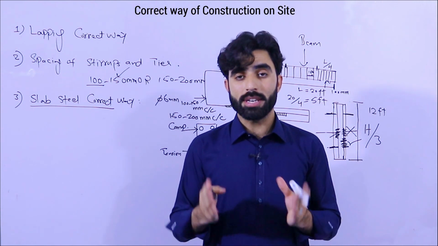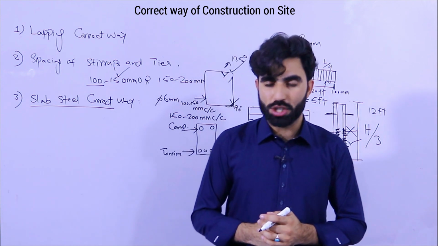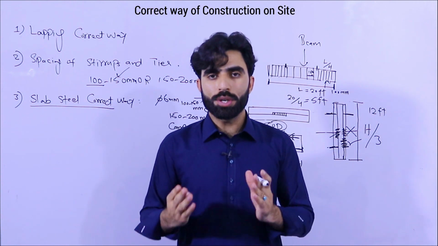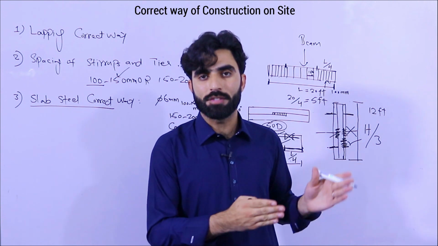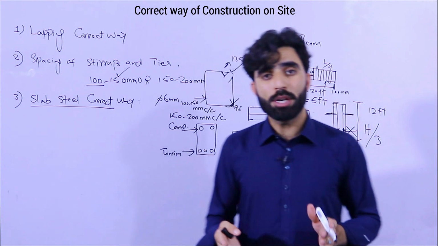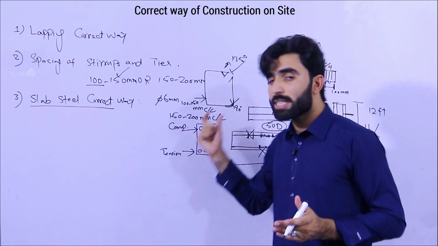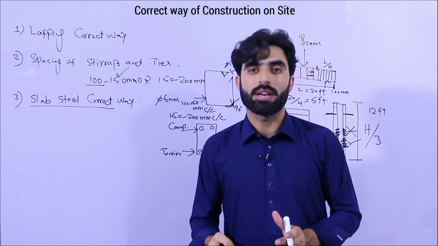What's the reason behind this? As I told you in many videos, at the end of the support we have maximum shear stresses, but at the mid we have maximum bending moment. So we have zero bending moment at the end of the support, but at the mid we have maximum bending moment. Therefore, to resist the maximum shear stresses, we should provide crank bar or extra bars.